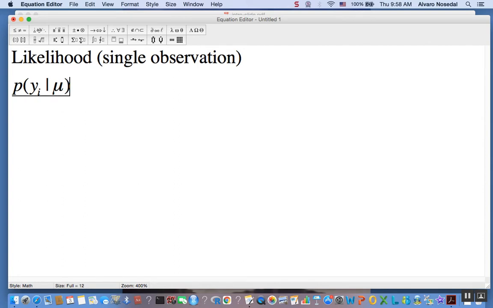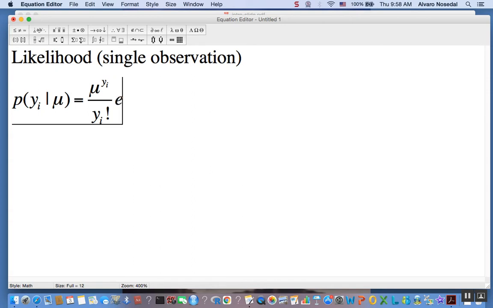Okay, and it looks something like this, right? We have mu to the power yi, in this case that particular value of our observation, divided by yi factorial, and then we have e to the negative mu.